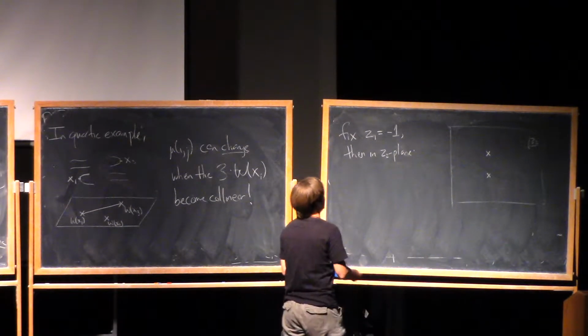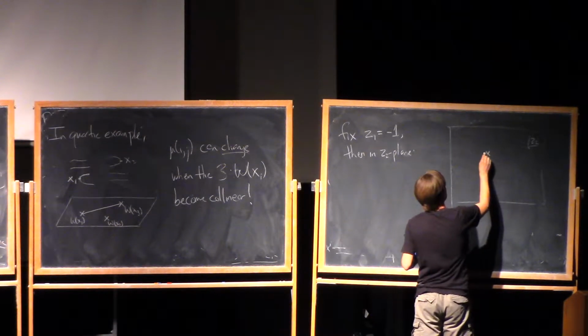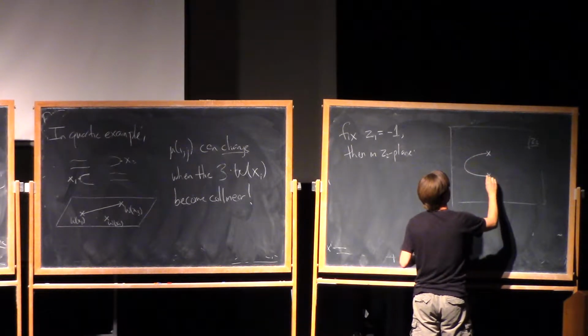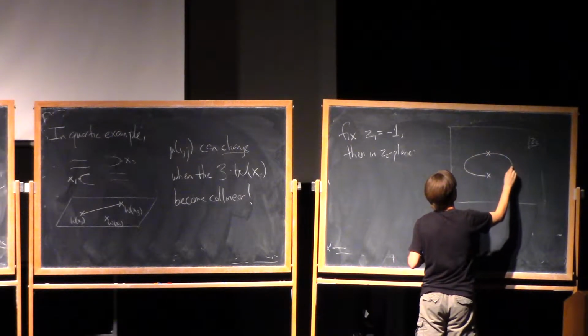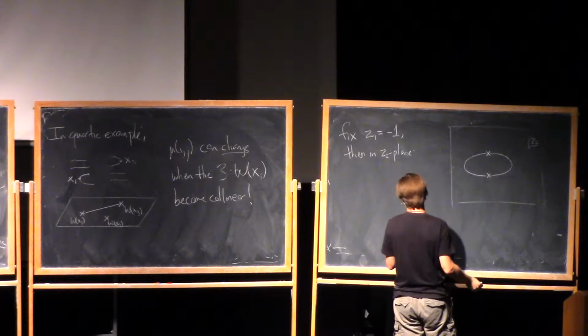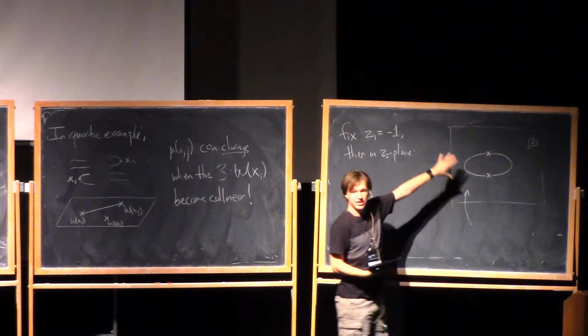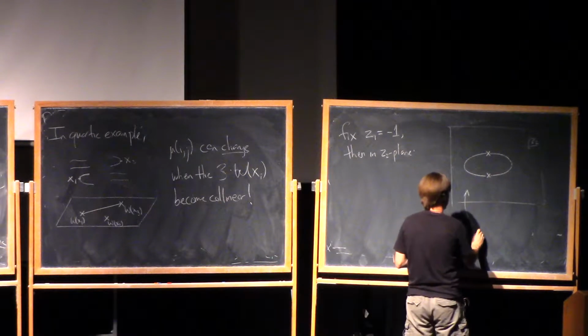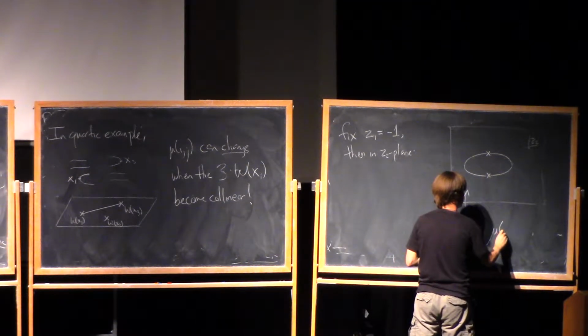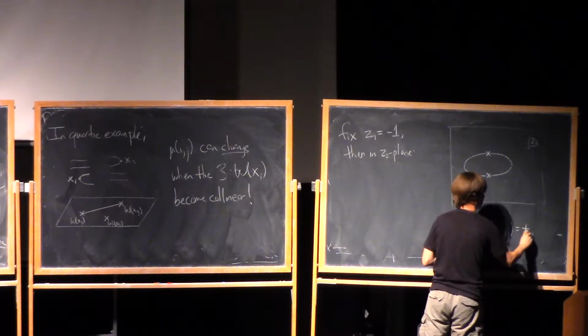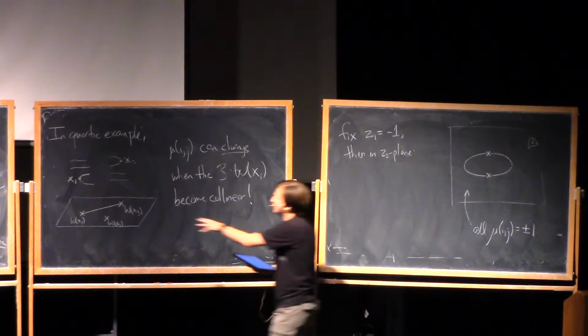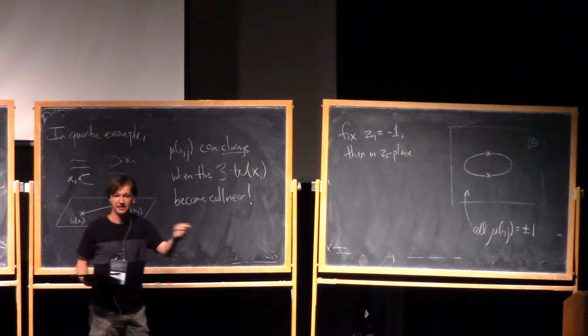And then there's a picture like this. So in this outside domain, all mu of ij are equal to ±1. In other words, if you choose any two of the vacua, there's a soliton connecting them.